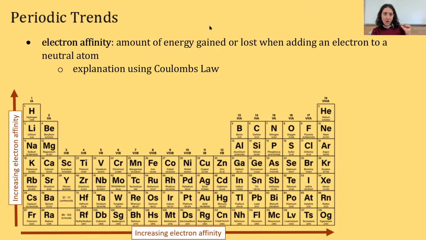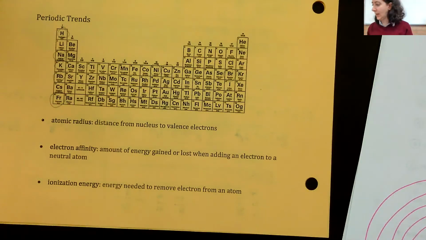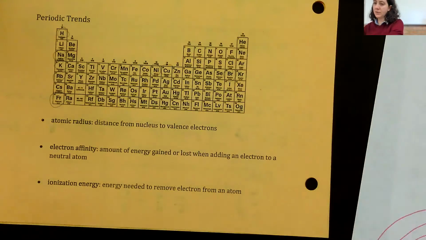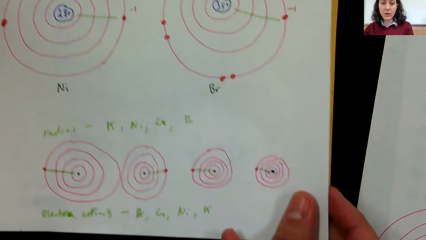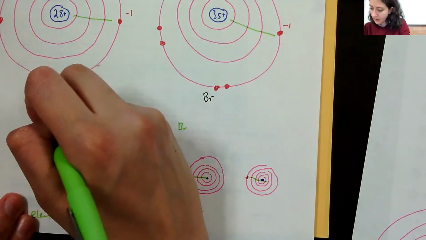Let's talk about ionization energy. Ionization energy is how much energy it takes to remove an electron. So let's go to our first set of examples. Okay, back here. Let's throw in ionization energy.